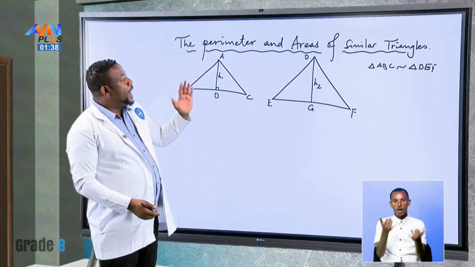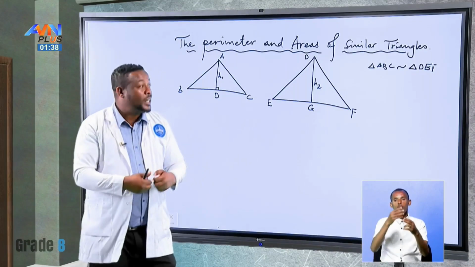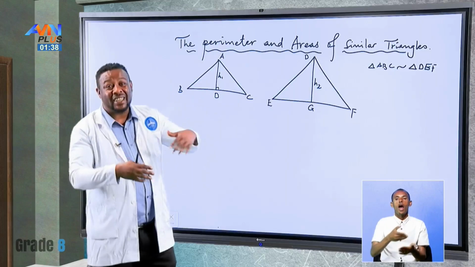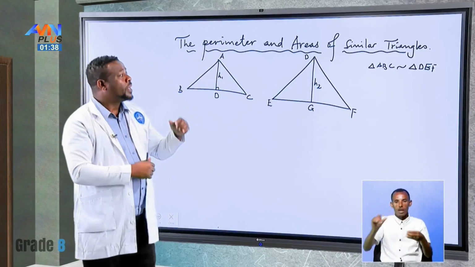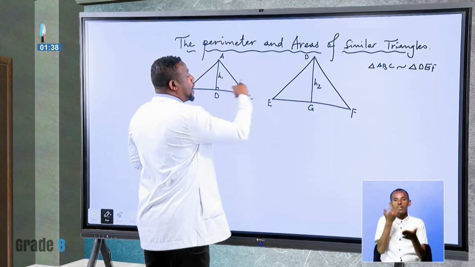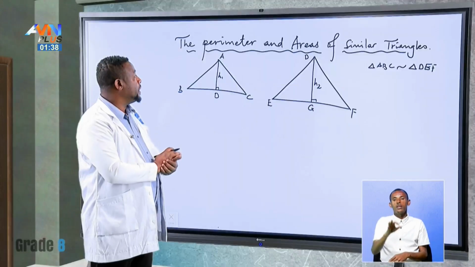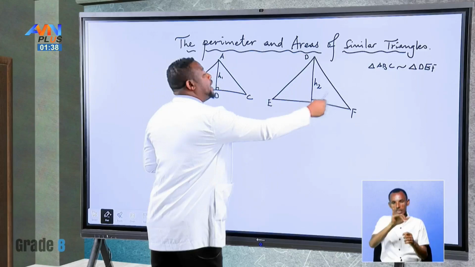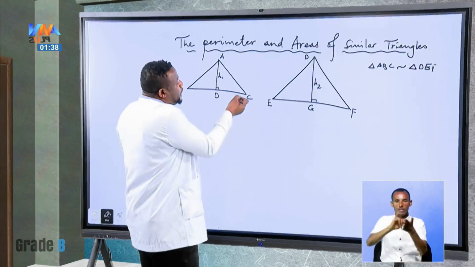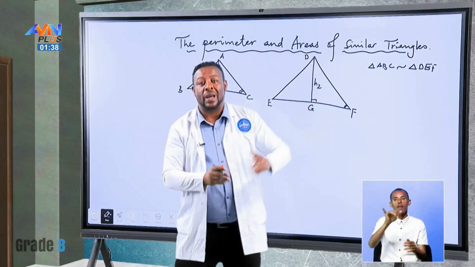Now, we will first create a relationship between the altitudes and the sides, then we proceed to the perimeters and areas. Here, if these are altitudes, they form 90 degrees, right? The other thing is triangle ABC is similar to triangle DEF. That means angle C and angle F are congruent because of the similarity of the two triangles.